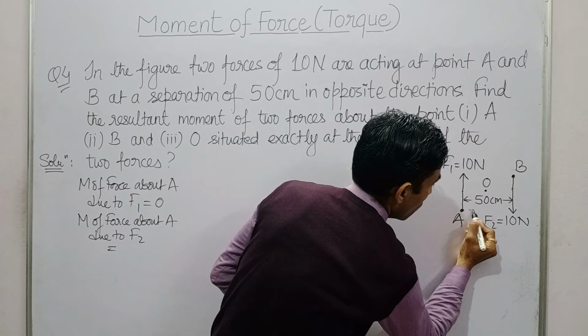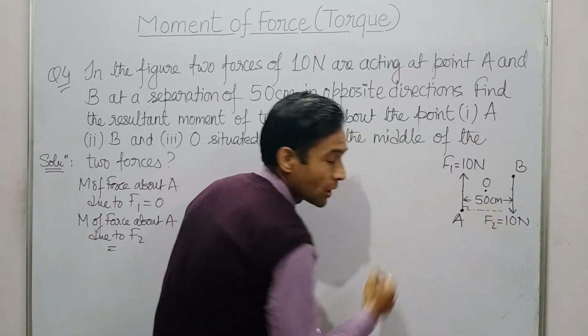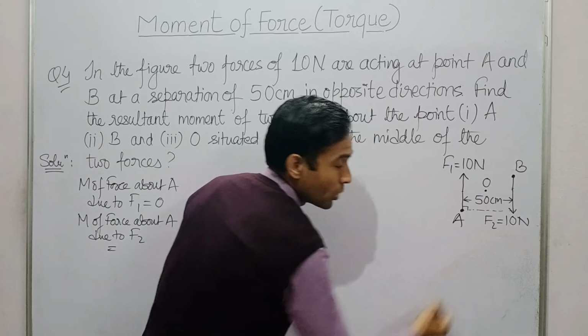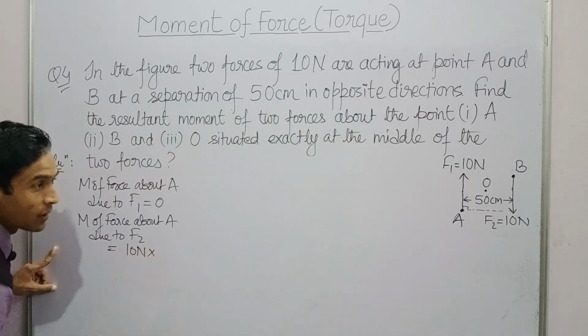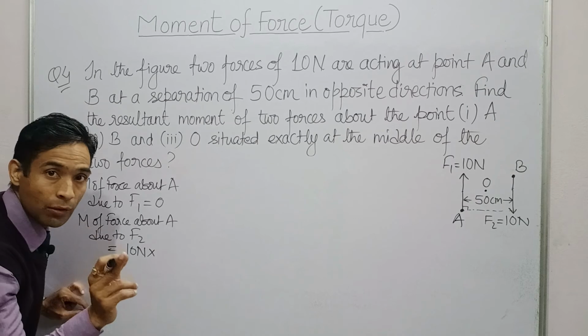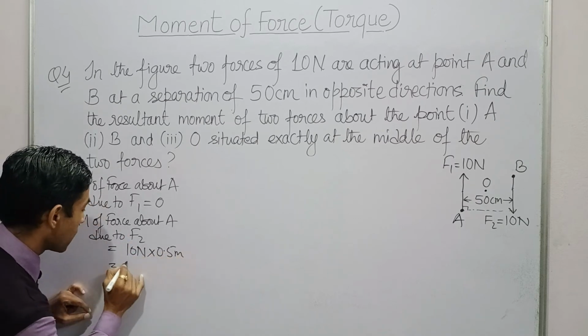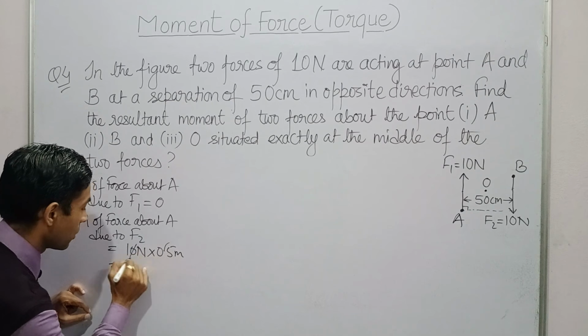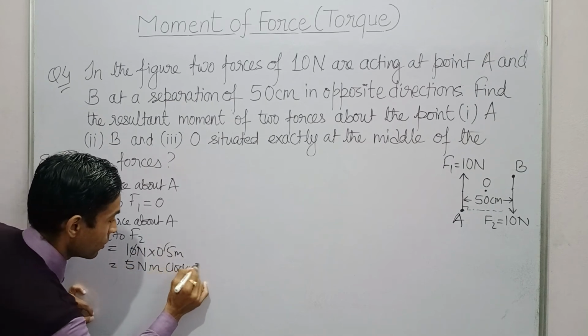So what is the perpendicular distance of F2? It is 50 centimeter. What is the magnitude of F2? It is 10 Newton. So force is 10 Newton. Distance is 50 centimeter. We will convert this into M.K.S., 0.5 meter. So this is coming 5 Newton meter clockwise.